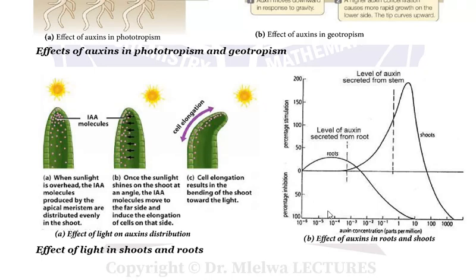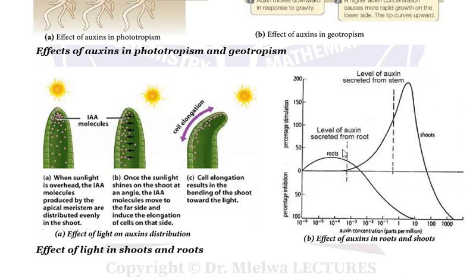But as you can see here, this is the concentration which affects root development, tending to stimulate the development of root in very low concentration. However, at this concentration it does not stimulate at all the development of shoot. So the graph of development of shoot here is zero. That means it only stimulates the development of roots.